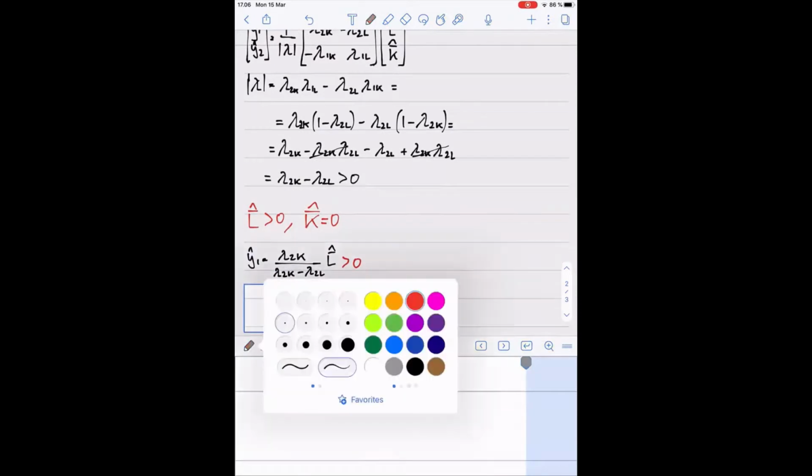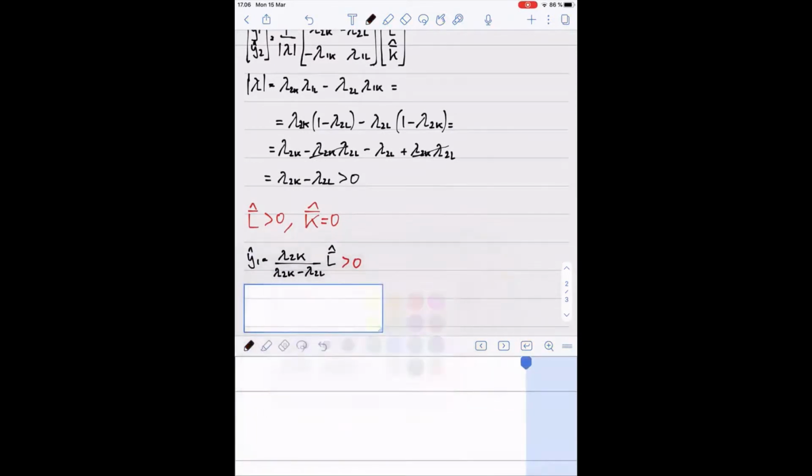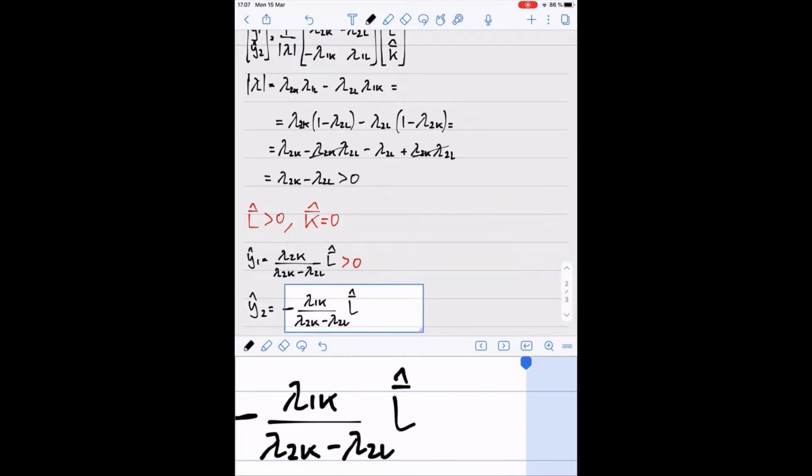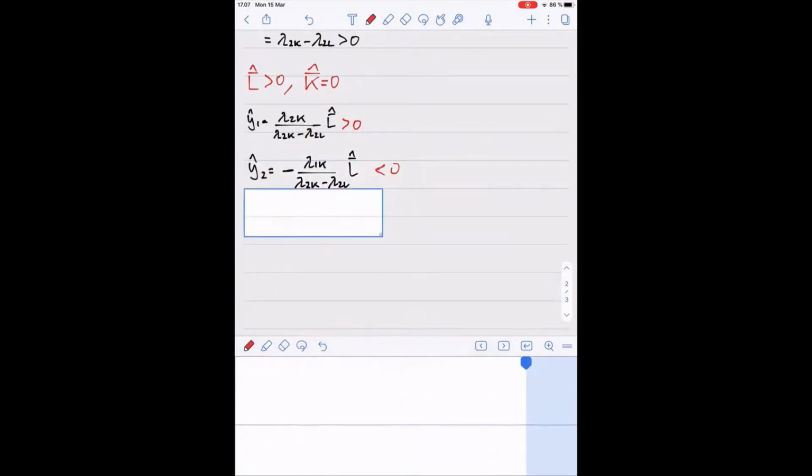What about y2? Well, y hat 2 equals minus lambda 1k divided by lambda 2k minus lambda 2l times L bar hat, which is less than 0. So here we have the Rybczynski theorem.